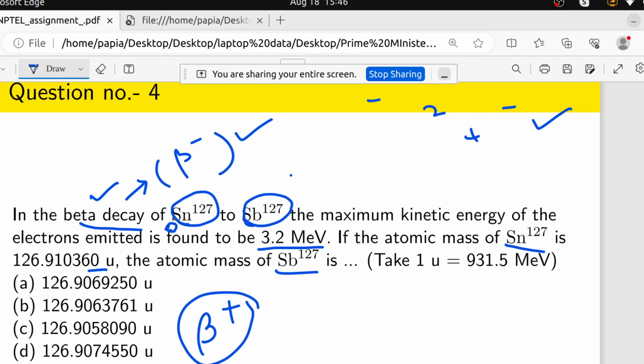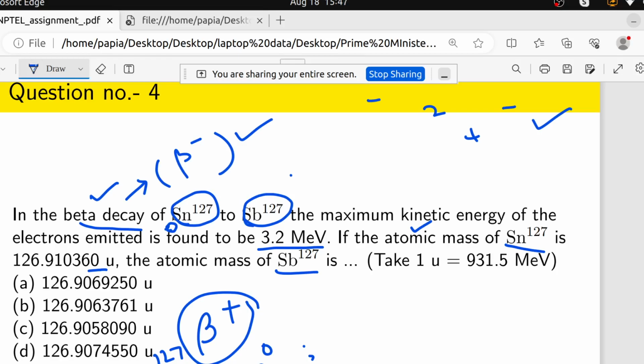So what we will do is Z plus 1, 127. Obviously it should be Z plus 1 because there will be 1 electron out. So Z plus 1 minus 1 will be Z, and 127, 0, 127. So in terms of atomic mass, they are given as atomic mass.